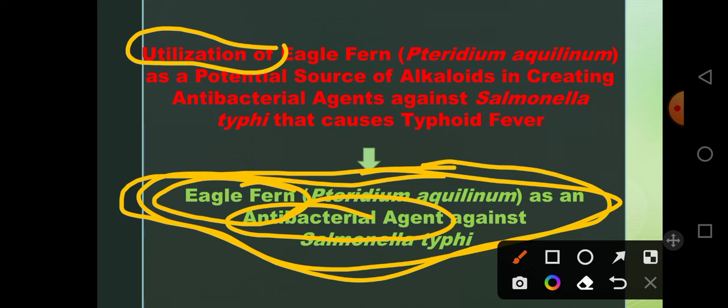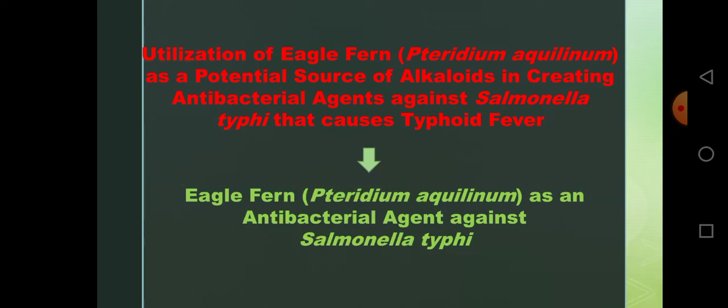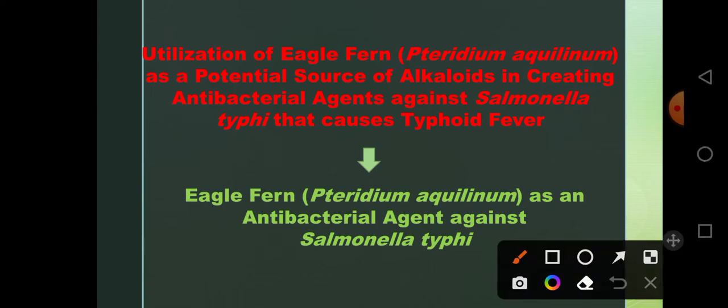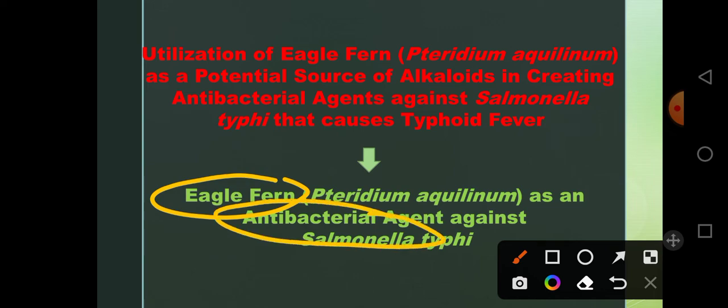So the answer is very obvious. It is already understood that there is a utilization of eagle fern for you to come up with such antibacterial agent. It is already understood that we will utilize the eagle fern even though we did not explicitly state it in our title. Therefore, class, what is the rule here?